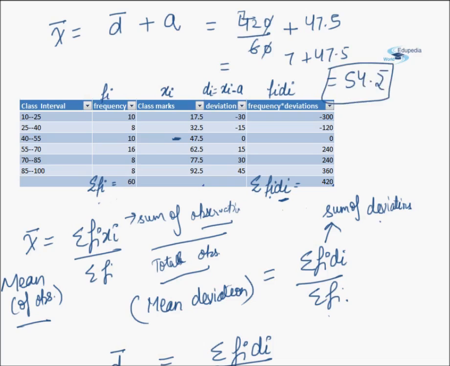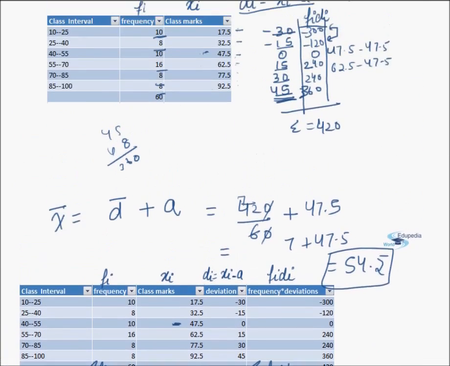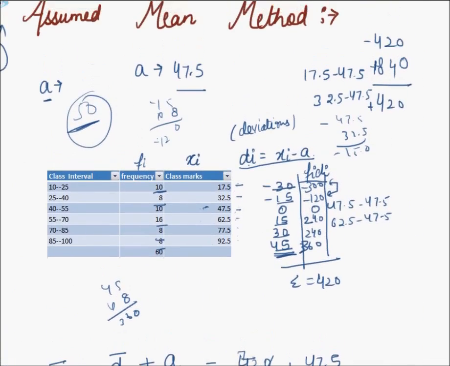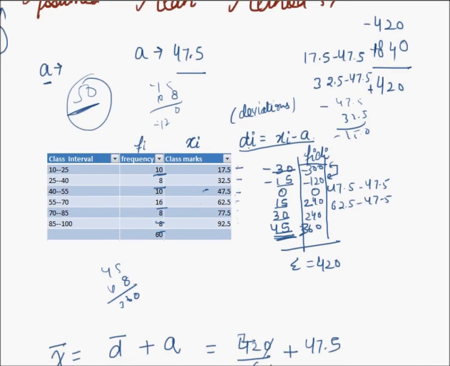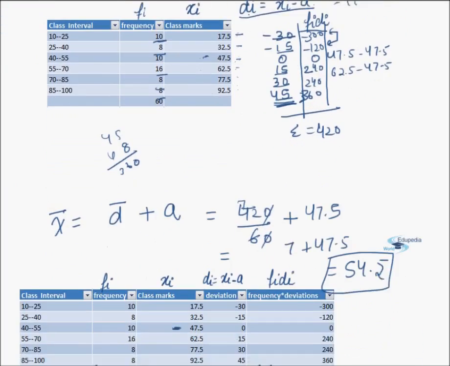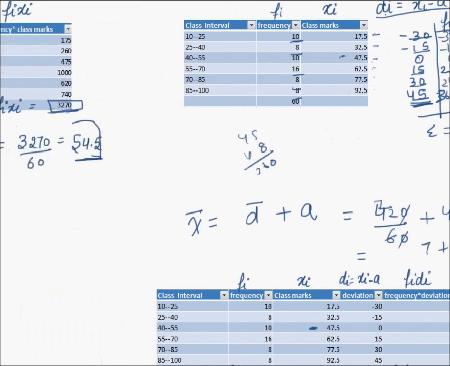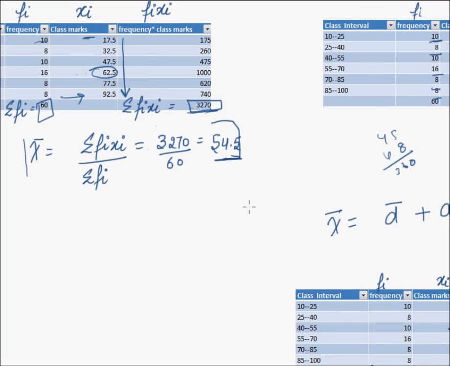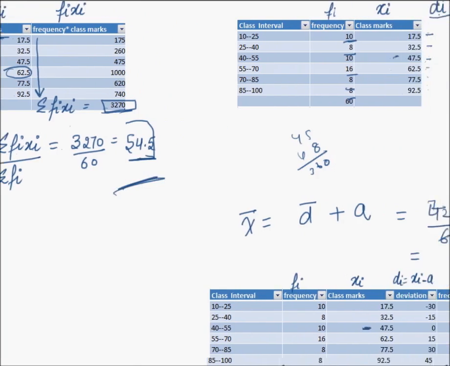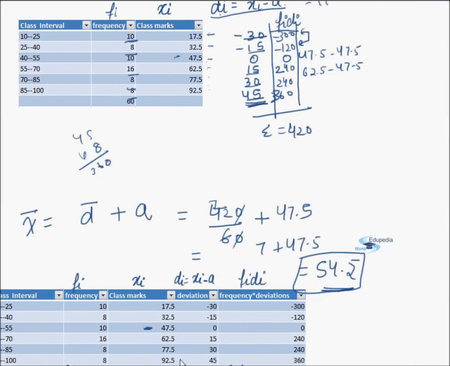So friends, this was the assumed mean method to calculate the mean for given data. If we compare this calculated mean with the mean calculated by direct method, both are the same. That is, both are giving the same values.